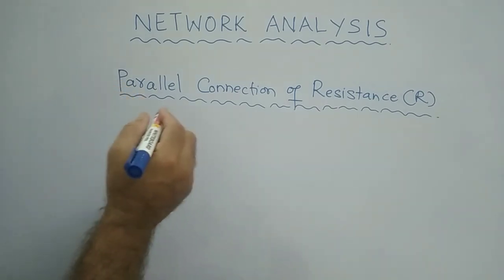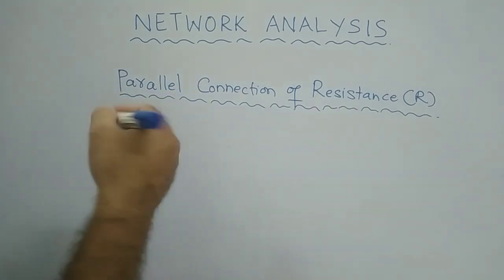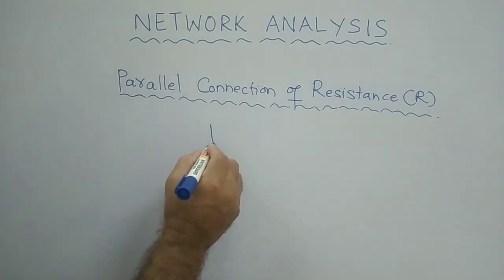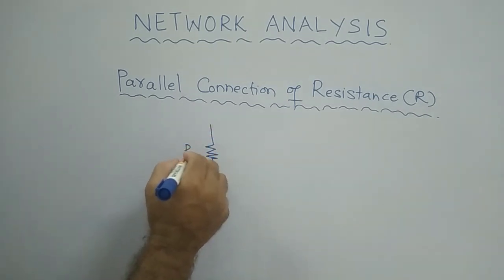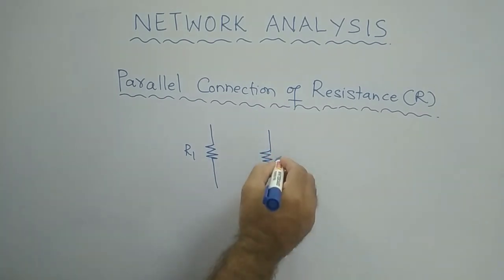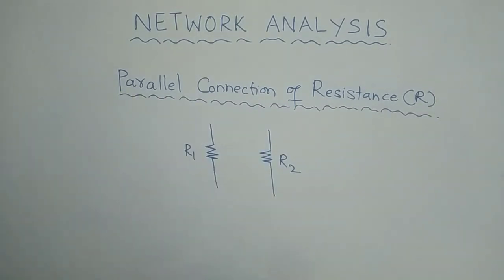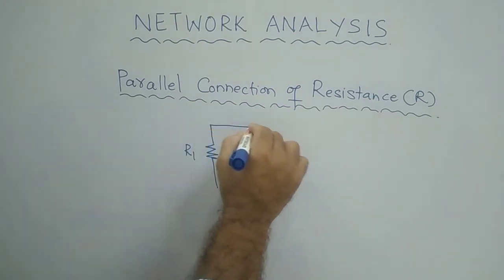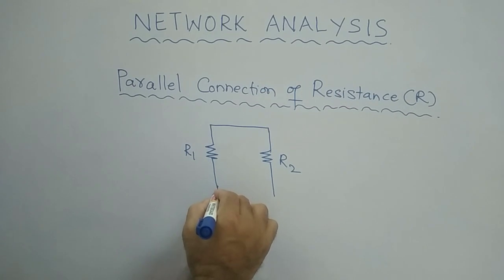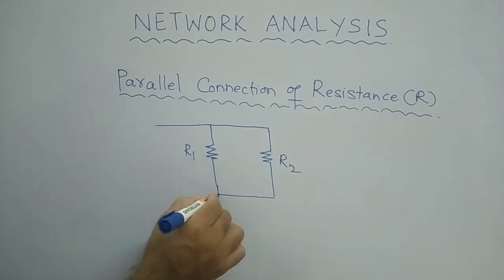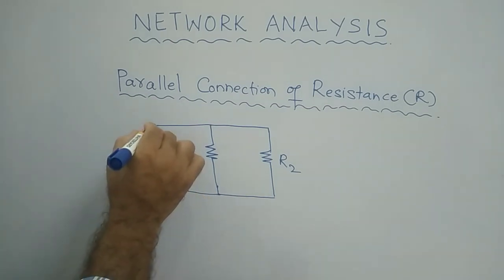Say for example, how does the parallel connection look? Let us say I have two resistors. This is one resistor, I am calling it R1, and I have one more resistor, R2. In any given circuit, let us say these two resistors are connected like this, and these two are connected across a certain voltage source.